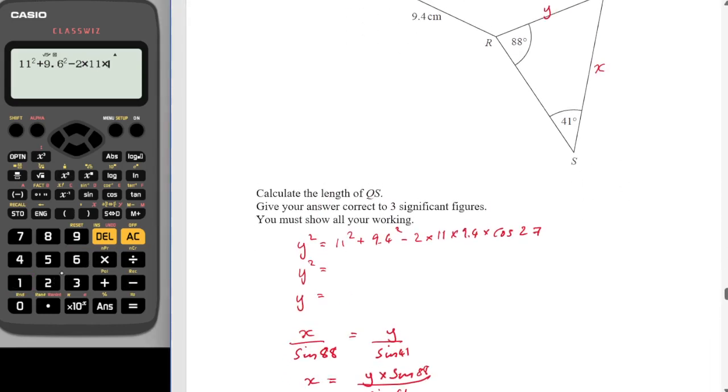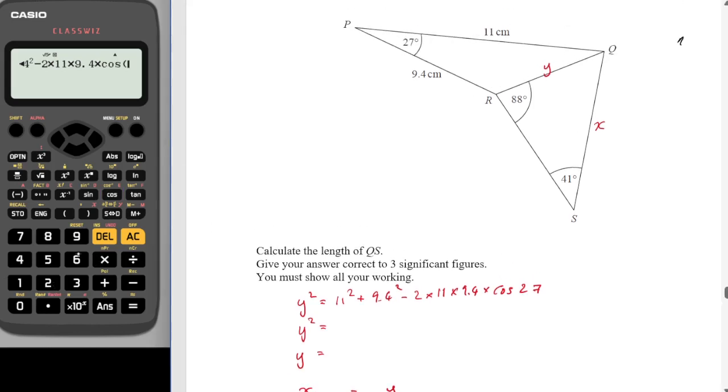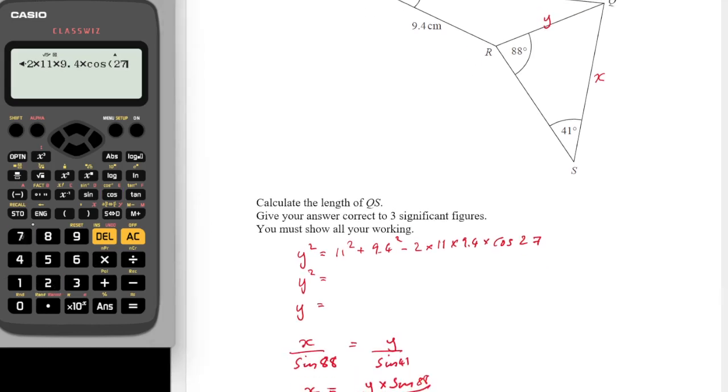It was 9.4. So glad that we spotted that. And I want to times that by cos of the angle. So times by cos of 27. Yep. That gives me a value of 25.0998.